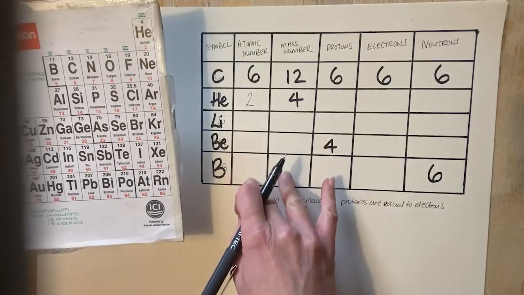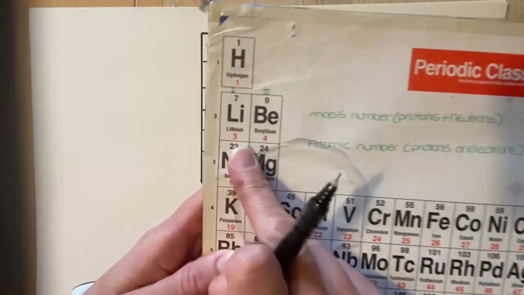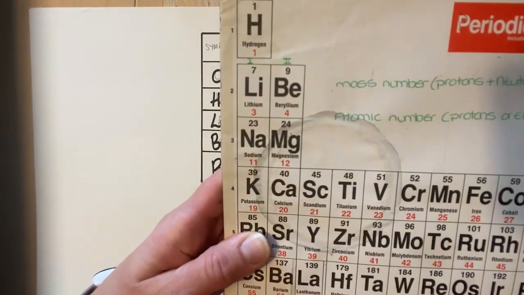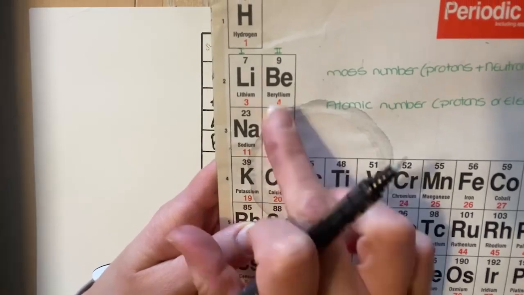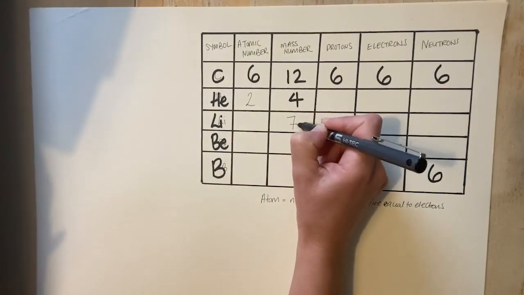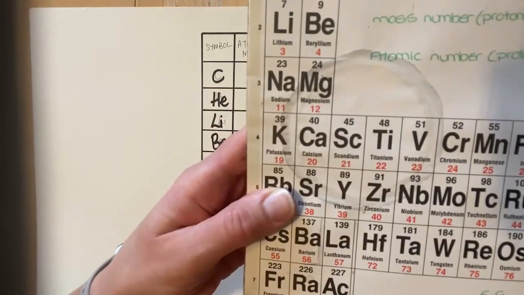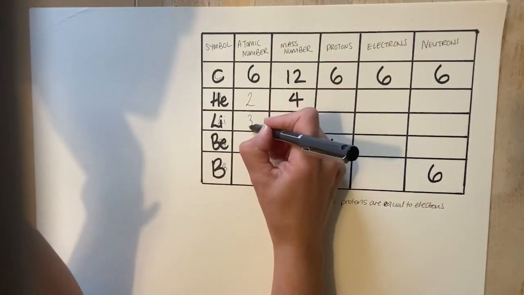Let's fill all these in first. So let's look at lithium next. So lithium here has a number 7 and a number 3 associated with it. The larger of the 2 numbers is the mass number, number 7, and the smaller of the 2 numbers is a 3. That's our atomic number.